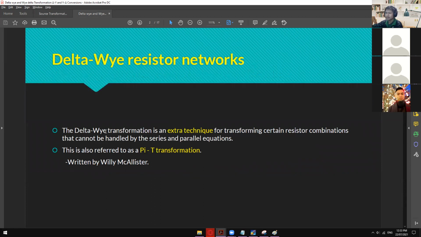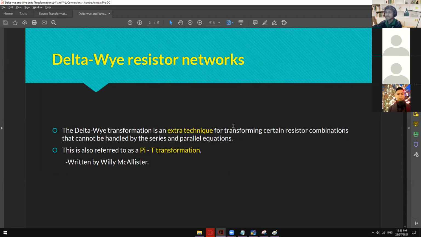Just a short background. The delta-Y transformation is an extra technique for transforming certain resistor combinations that cannot be handled by the series and parallel equations. So again, there are some circuits that we cannot easily convert right away into a series connection or a parallel connection.